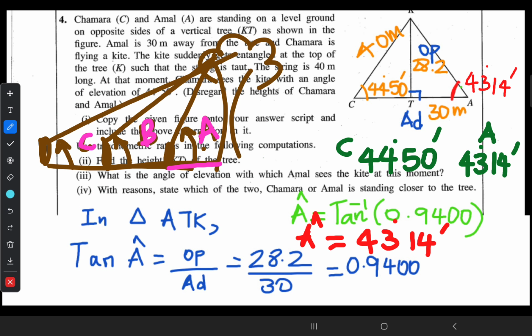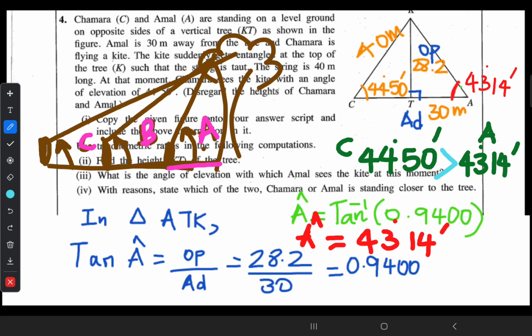If you are closer to the tree, your angle of elevation is higher. This is a small marginal value, but Chamara's angle was a little greater than Amal's. So you should write that clearly, that Chamara is standing closer to the tree because his angle of elevation is greater than Amal's.